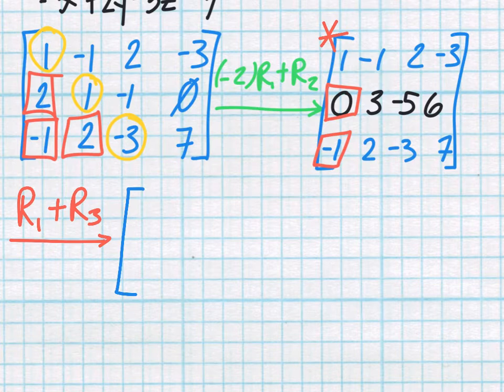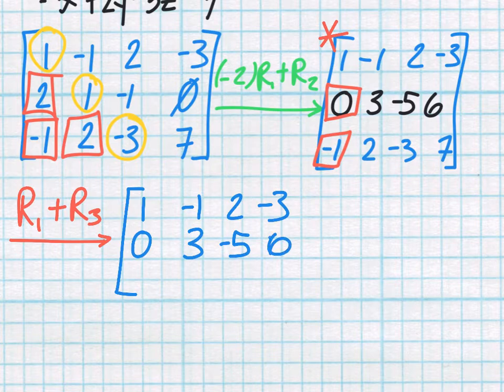So leave row 1 alone: 1, negative 1, 2, negative 3. Leave row 2 alone: 0, 3, negative 5, 6. And then add row 1 and row 3 and write it in place of row 3. So we're going to end up with 0, 1, negative 1, 4.